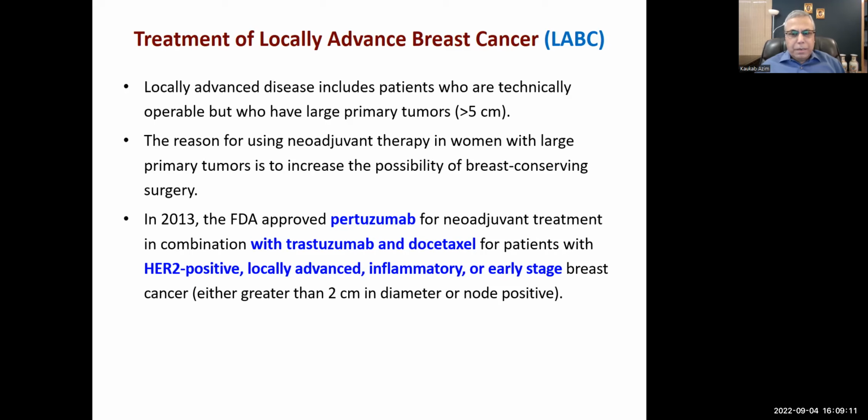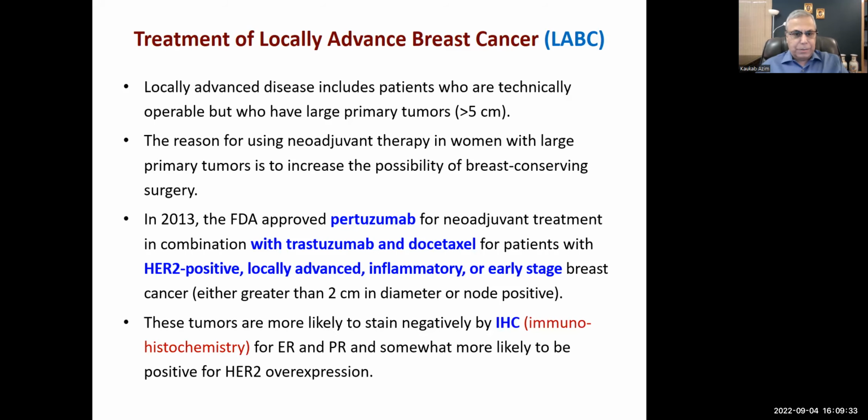You know, removing larger tissue from the body means more damage to the tissues. So it's always good to do a minimally invasive surgery, or remove the least amount of tissue. So that is why in these cases, neoadjuvant therapy is administered.